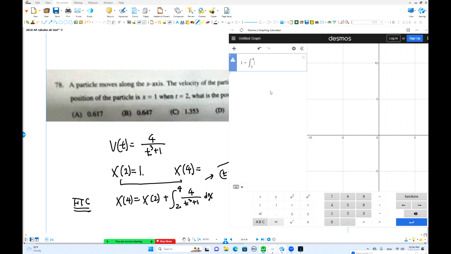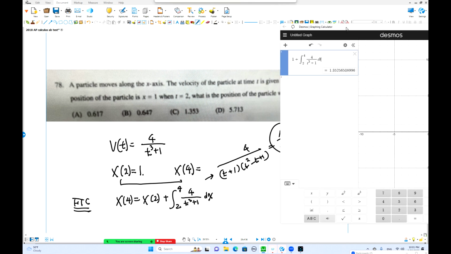The integral is 4 over t cubed plus 1 dt, okay. The answer is 1.353, okay, 1.35. Take a look at the choices. 1.35, the choice is that, okay.